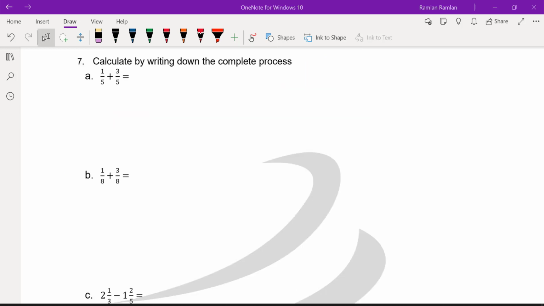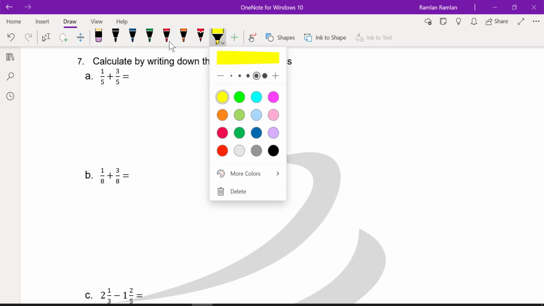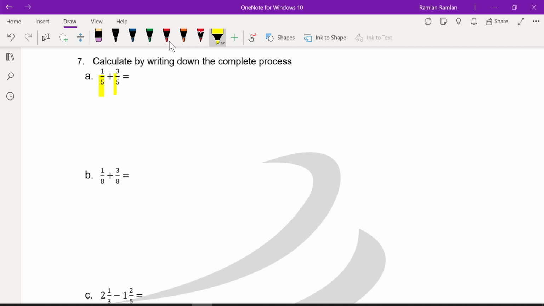Okay, moving on to the next question, which is going to be about fraction, decimal, and percentage. In here, we have an addition of a fraction. Now remember, in addition and subtraction of fraction, what we need to see first is the denominator. If we see that the denominators are the same, you can just add the numerator.